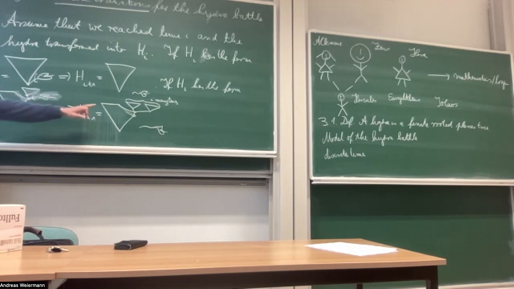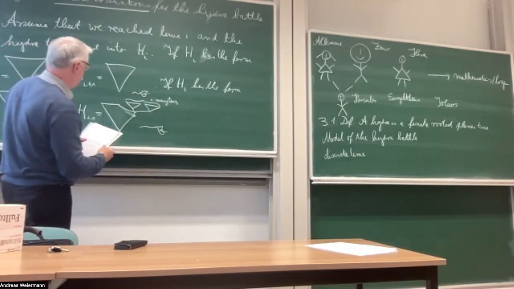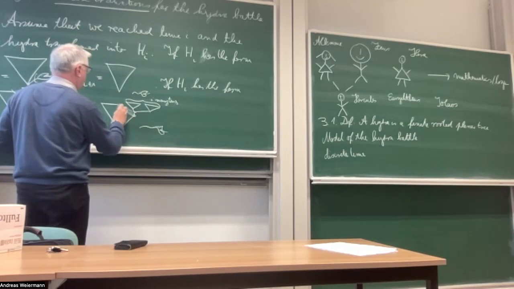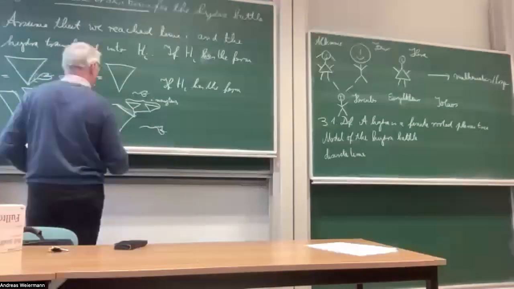Okay. And the point is that I have here, well, let's see whether I did it right. Not fully. But there's this form. There should be at least height 2. And there's this form.